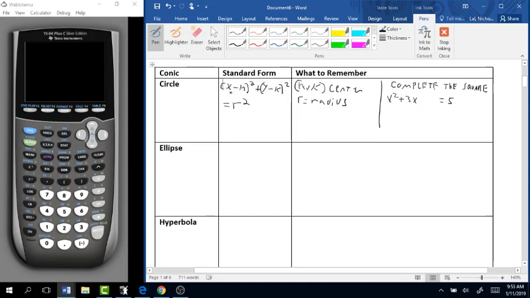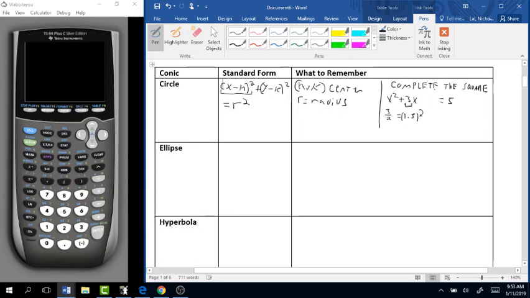In order to get into this (x − h)² form, which is necessary to find the standard form circle, you need to complete the square. What you do is you take that 3 and divide it by 2, which is going to be 1.5. It doesn't always have to be a nice number.